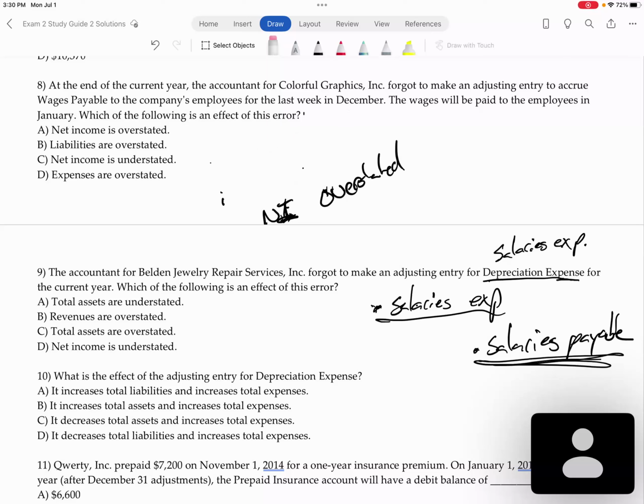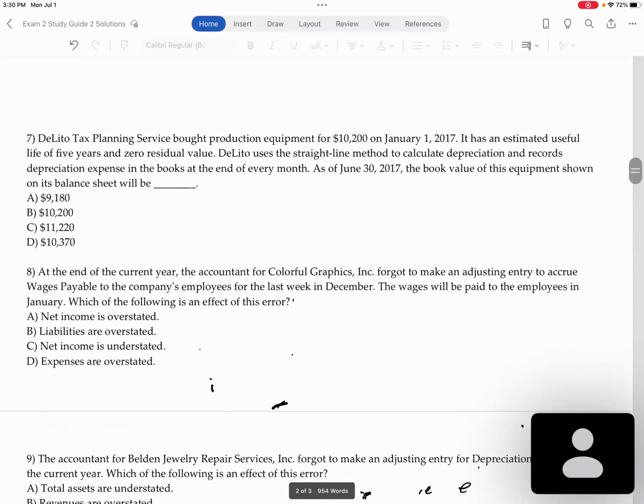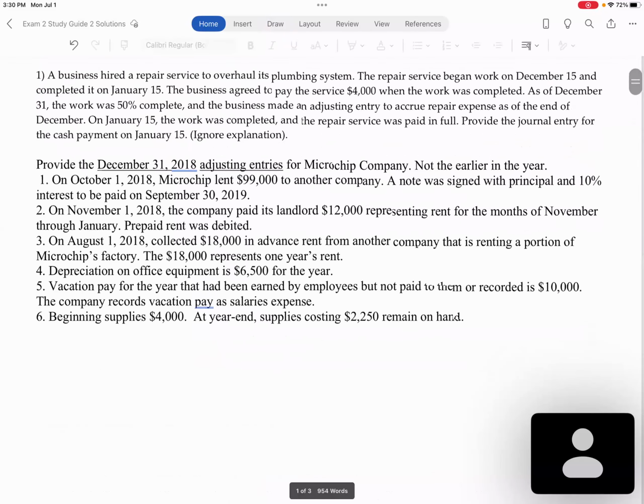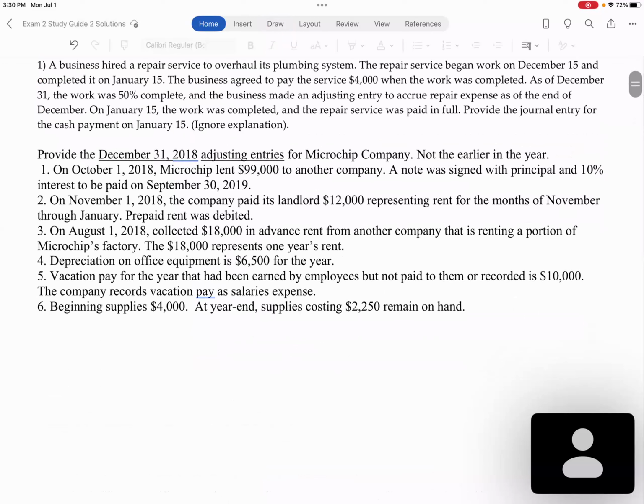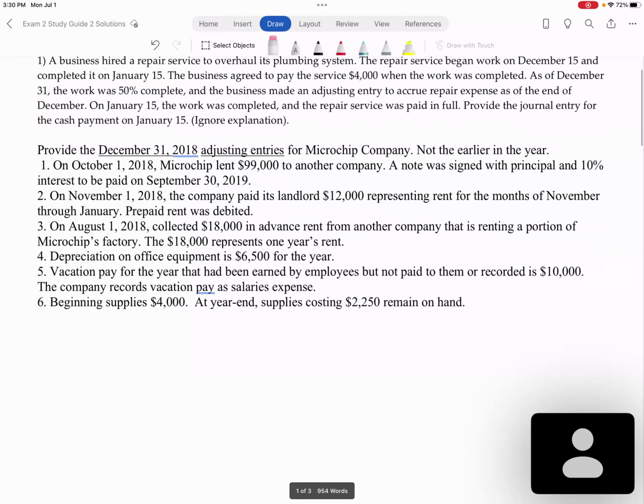I mean, it could be for any adjusting entry. Like here, let's do this. I'm going to scroll up to these. Okay, so let's just go to if we failed to do the adjusting entry for, well, we could do one of these.